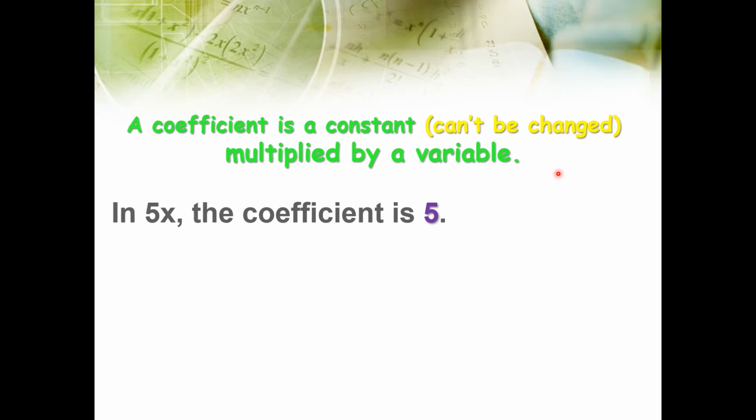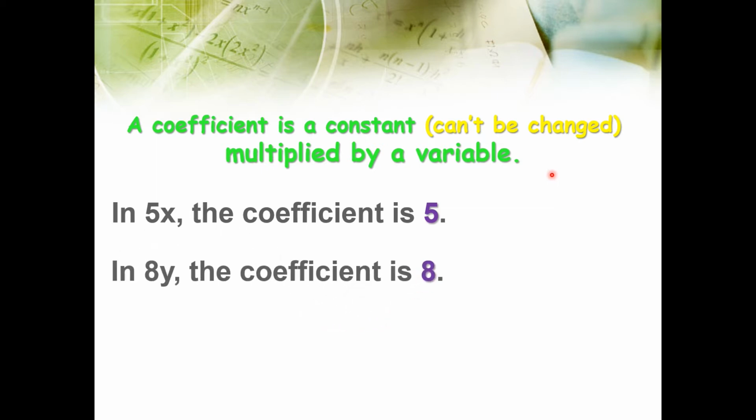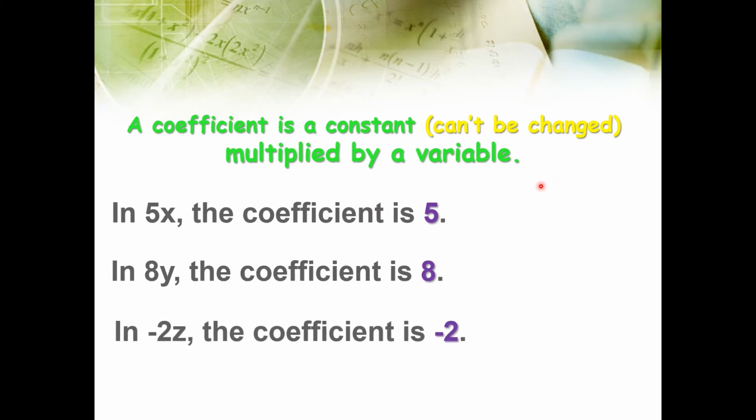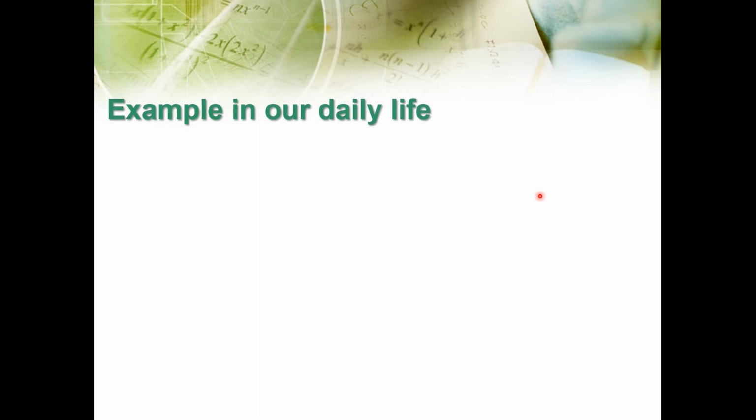We cannot change the 5, but we can change the x into the value that we can put in. Next, 8y. The coefficient is 8. And in minus 2z, the coefficient is minus 2. Okay, do you understand that?